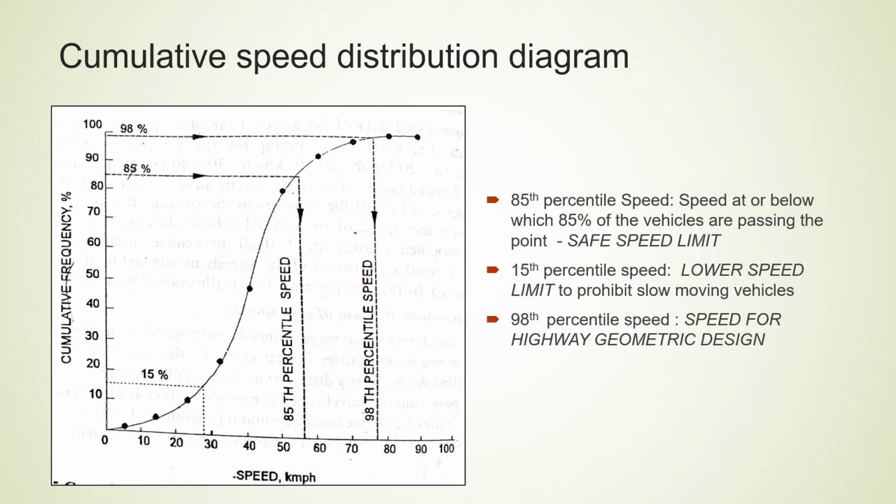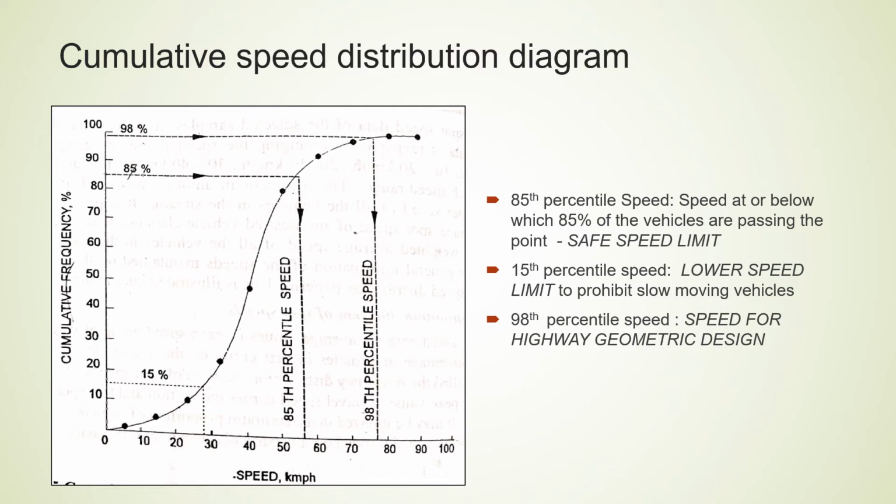Basically your x-axis will have your speed in kilometer per hour, and the y-axis will be the cumulative frequency in percentage. In the previous slide we have already seen how you find the frequency by converting your speeds to class intervals of speeds and finding the frequency, and from the frequency table itself we can find the percentage frequency.